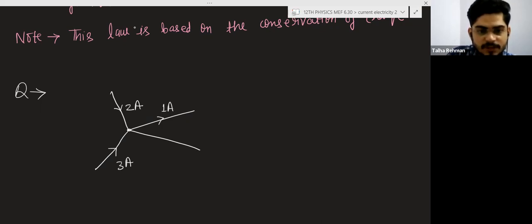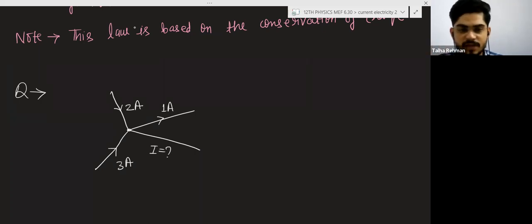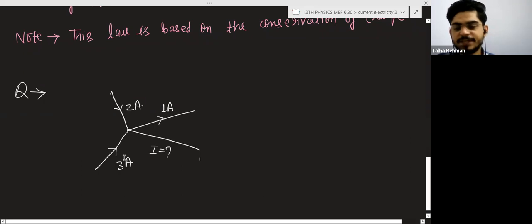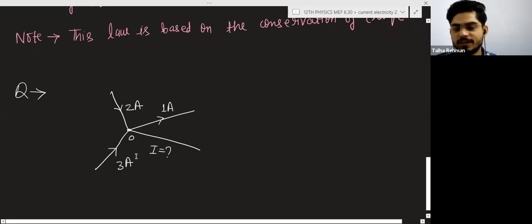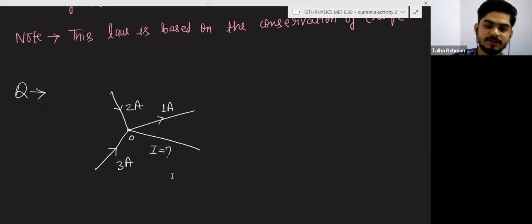Can anyone solve this question? Just listen first. This is the direction of the current, and this point O is the junction point. All 4 wires are meeting at this point, and we have to find the magnitude and the direction of the current. The direction means whether the current is entering the junction or leaving the junction.